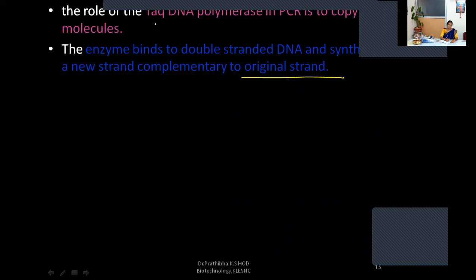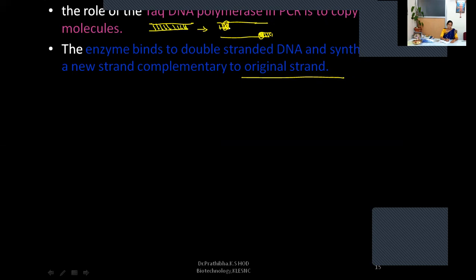For example, if this is the double-stranded DNA molecule, here the hydrogen bonds will be broken down. Once hydrogen bonds are broken down with the higher temperature, they become single-stranded DNA. When they become single-stranded DNA, primers go and attach to the free ends of the DNA fragments of the template DNA. Next, the enzyme goes and binds here.